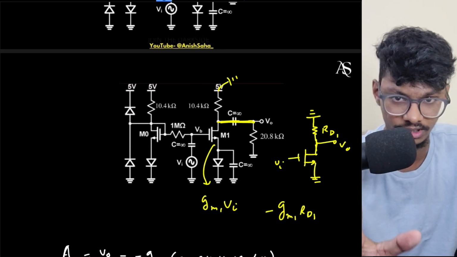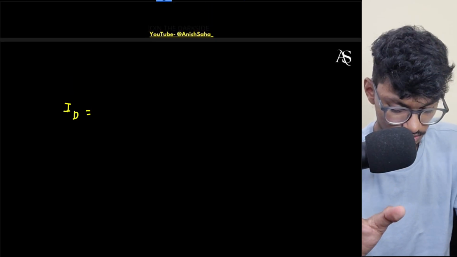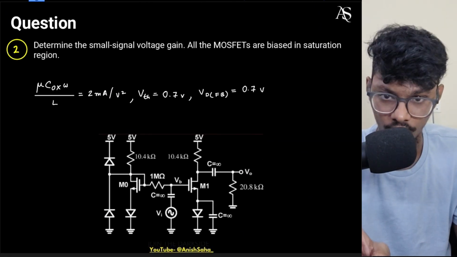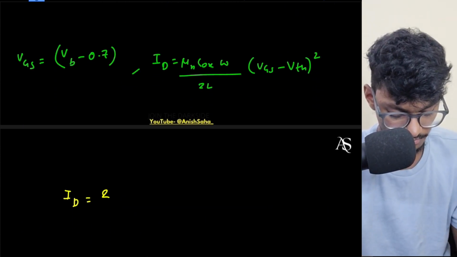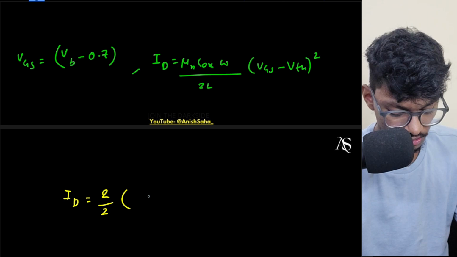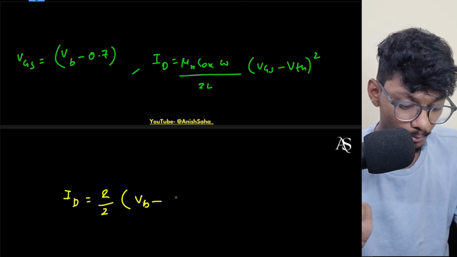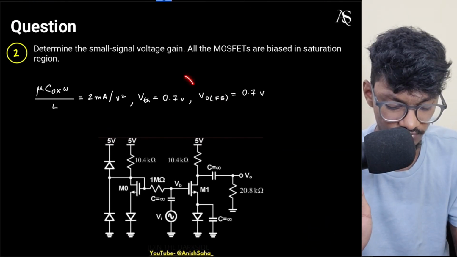I will write this as 2 milliampere for now, assuming ID is in milliamperes. This is only mu1 Cox W by L, not 2L, so I have to divide by 2 extra: ID equals 2 by 2 into (VB minus 0.7 minus 0.7) whole square, because VTH is also 0.7. Many students will forget this extra 0.7.